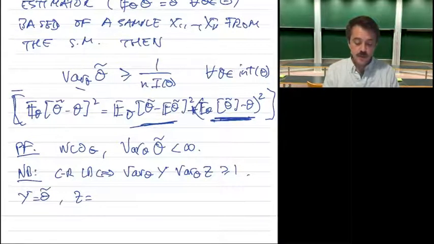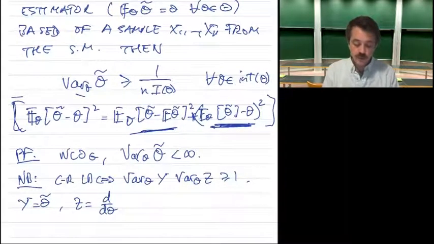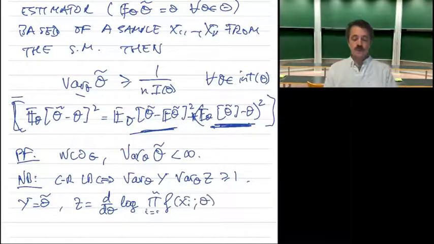Well, in this case, we're in one dimension, so this is the derivative of the log of the joint distribution. Okay, so we have this.